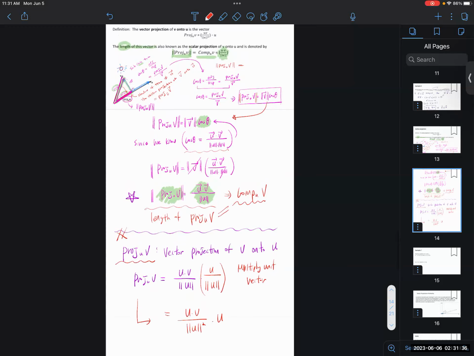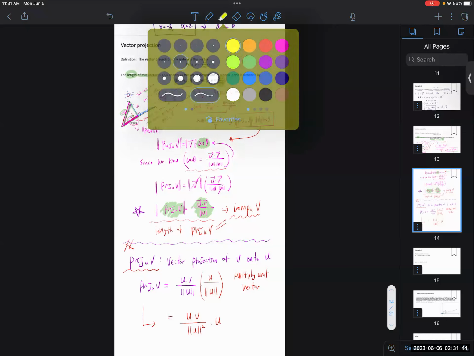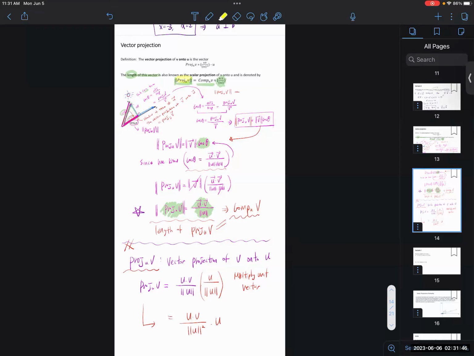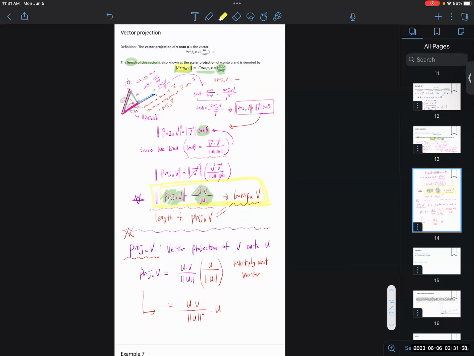So a little bit confused, I know. So I showed you two formulas. One is a length, another one is just a vector projection. So highlight it. For the length of the vector projection, we're going to use this formula, which we call component as well. But if you want to find out the vector projection itself without the length, that is the formula.